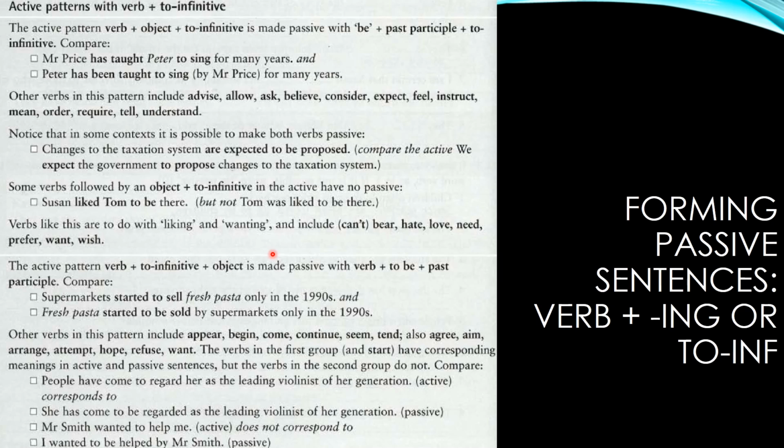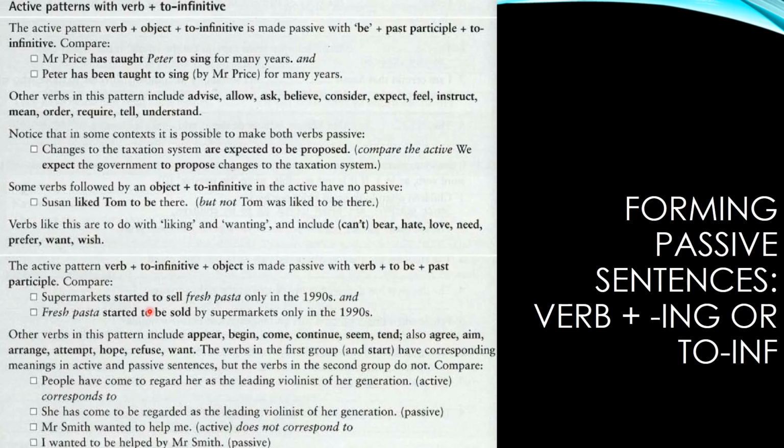The active pattern verb plus to infinitive plus object is made passive with verb plus to be plus past participle. Just compare these two sentences. Supermarkets started to sell fresh pasta only in the 1990s, and fresh pasta started to be sold by supermarkets only in the 1990s.